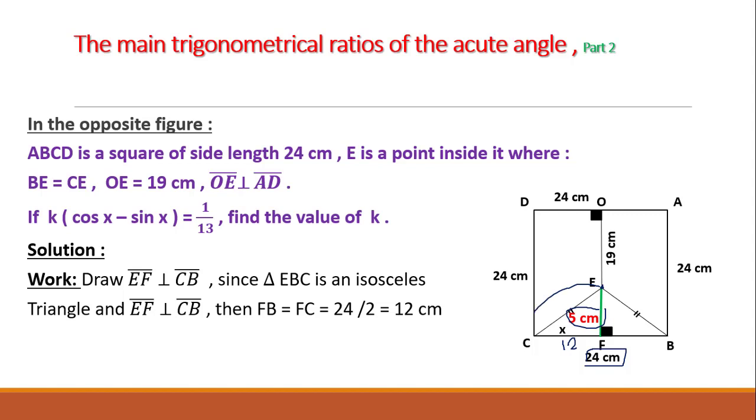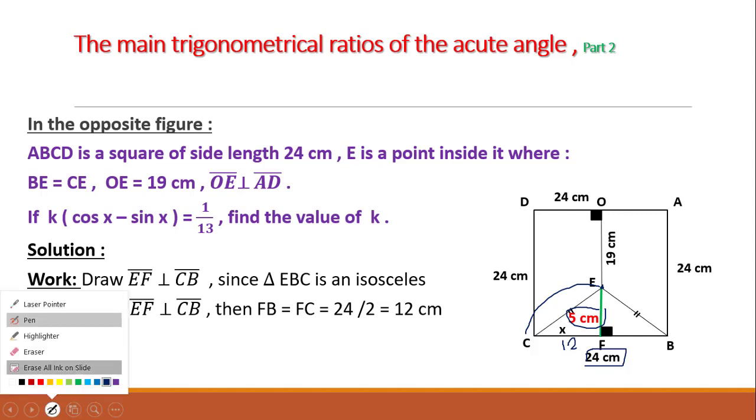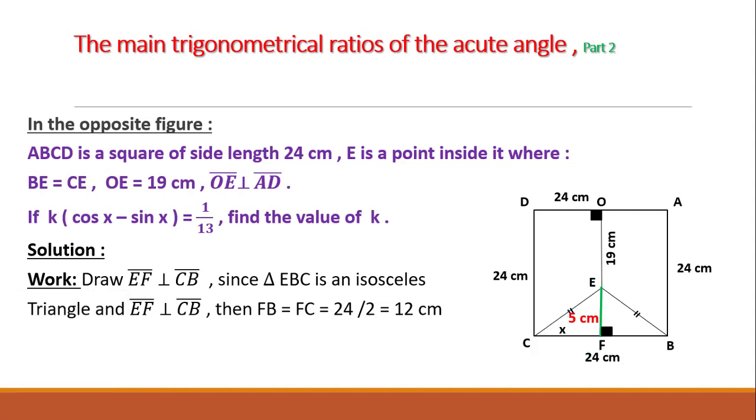I need the hypotenuse. I have two sides in a right angle triangle and I need the third, so directly you will apply the Pythagoras theorem to get EC. The hypotenuse equals the square root of 12 power 2 plus 5 power 2.